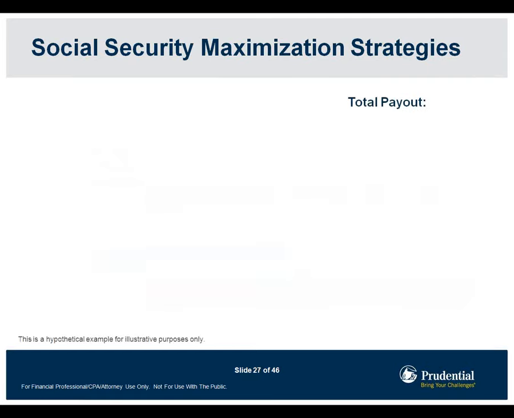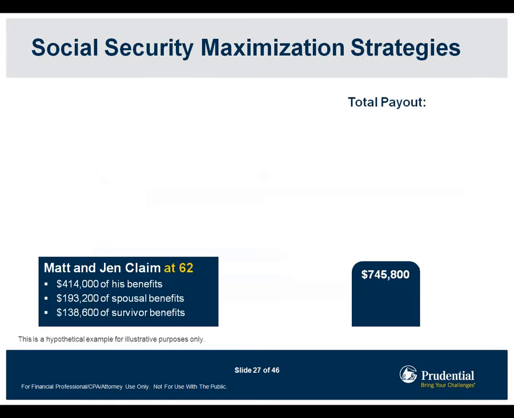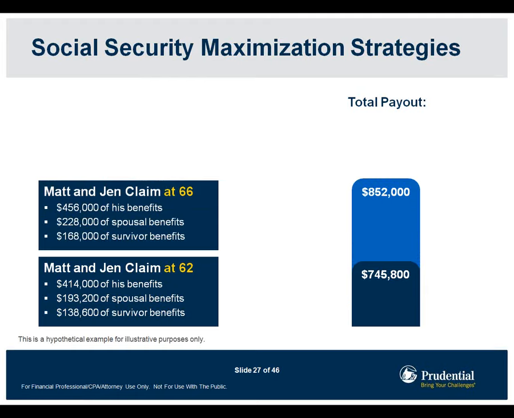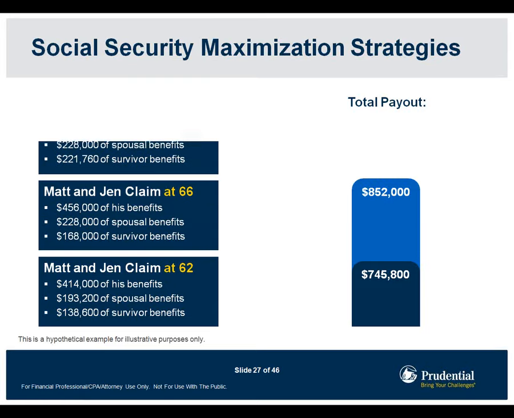Okay, that's great. File and suspend works very well, and let's recap here real quick. If Matt and Jen took benefits at age 62, which is what most people do, over their joint life they'll receive $745,000 in Social Security. If they waited to their full retirement age, they'll receive $852,000 over their joint lives.